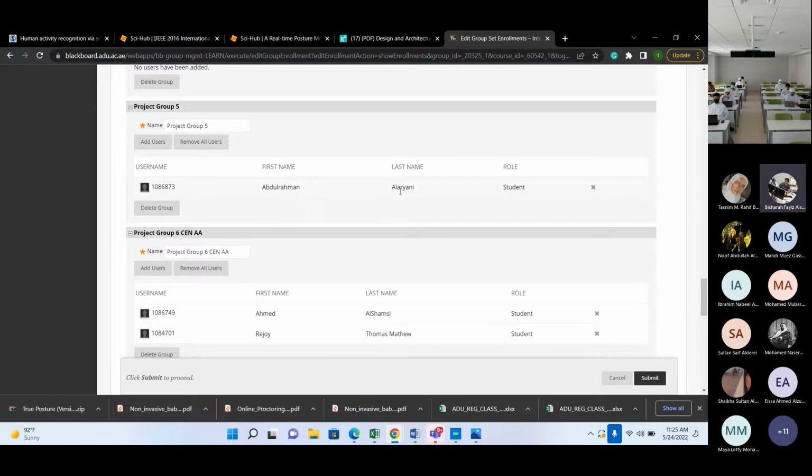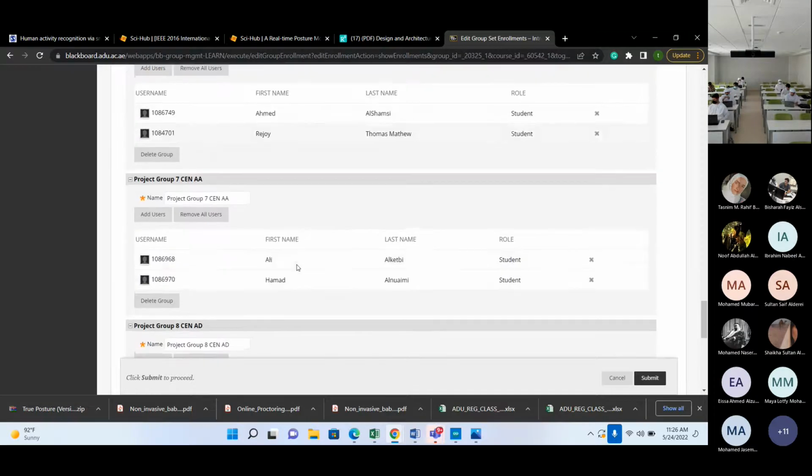Abdurrahman Al-Ariani. What is your group? What is your major field? Electrical, computer? Computer engineering, I think. Okay, guys, in group 6, how many members do you have? Five. Already five now?